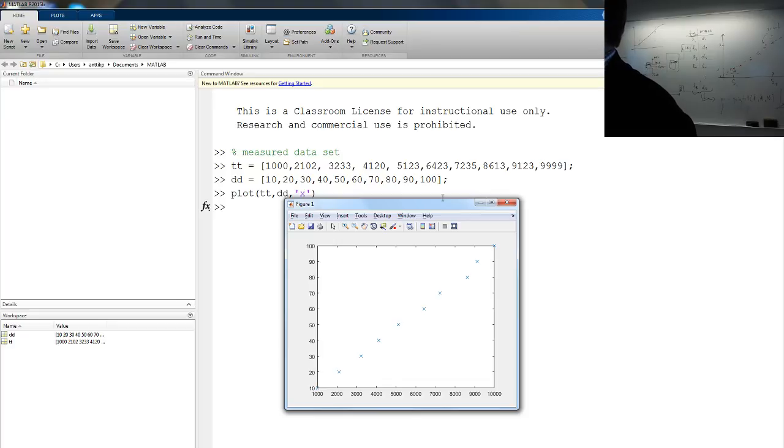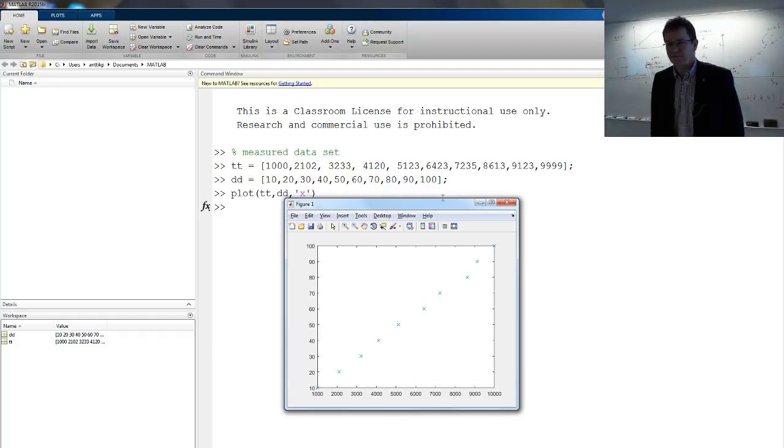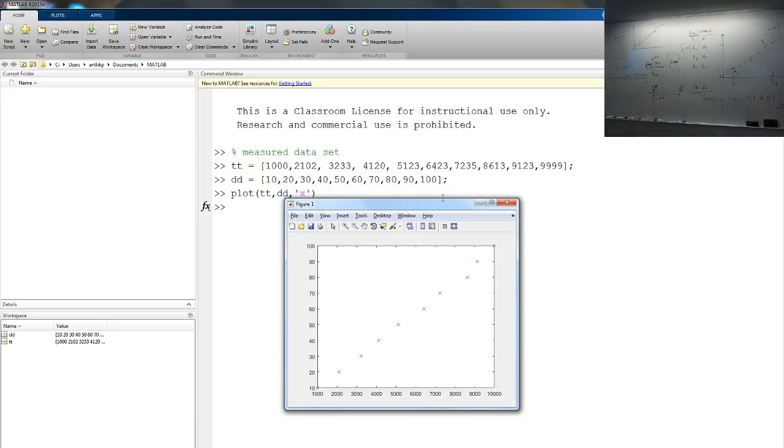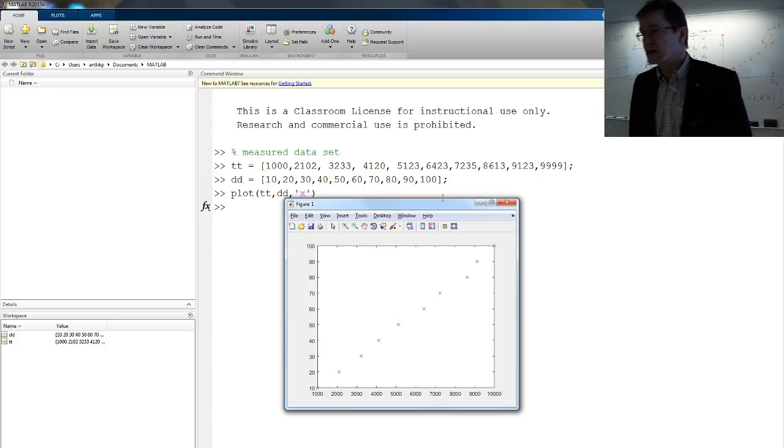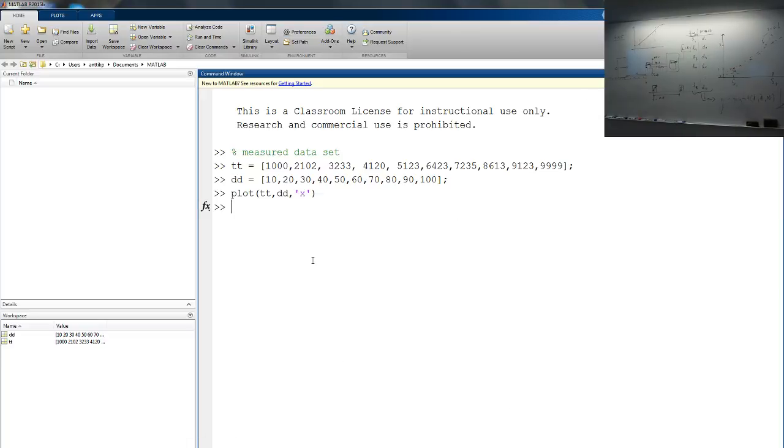What are the fit parameters, and how accurate actually was my measurement? To give a vague idea of how good the calibration actually is. You do not get better calibration than your measured data. All right, so that's the measured data set.